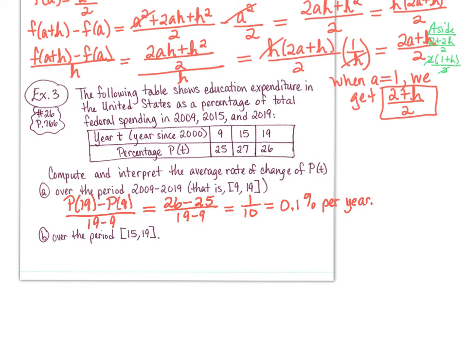So what this means is the U.S. education expenditure is projected to have increased at an average rate of 0.1% per year during 2009 to 2019. Do you need me to say that again?